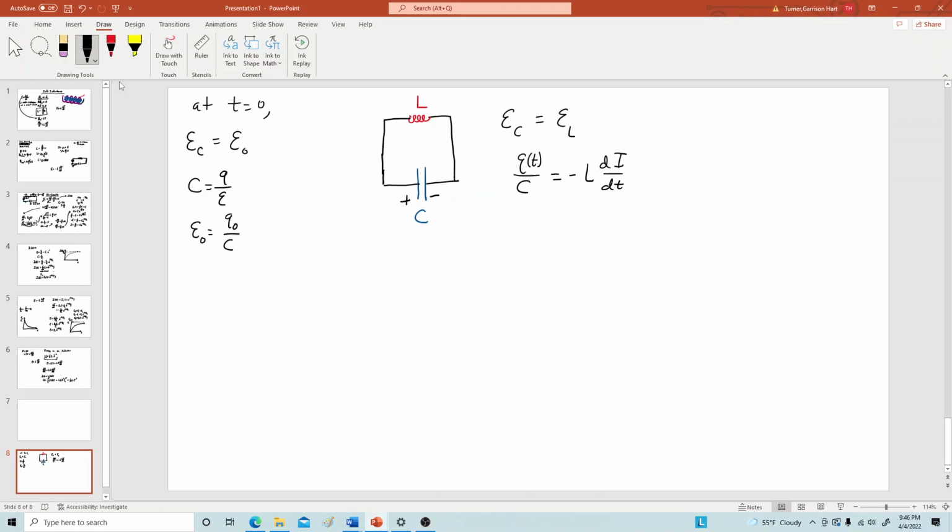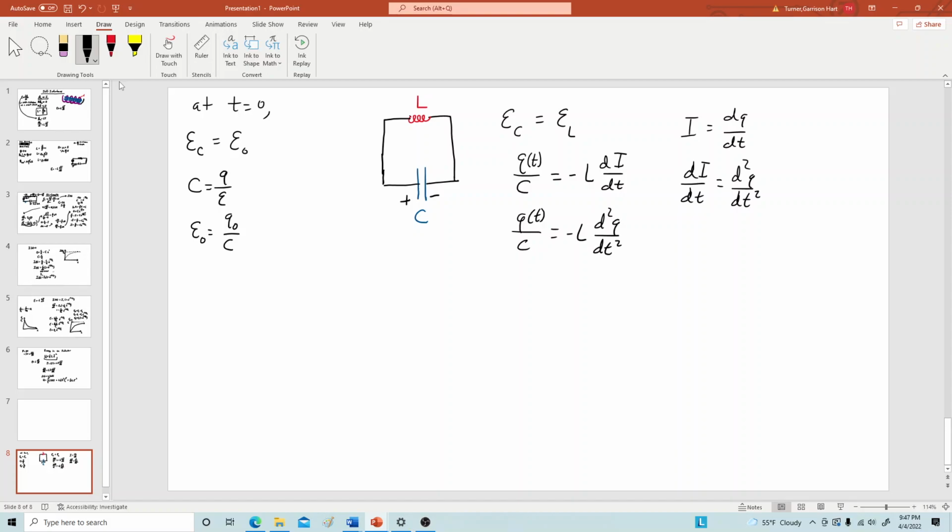But remember that I is equal to dq dt. So di dt is the same thing as d squared q dt squared. So we have Q of t over C is equal to negative L d squared q dt squared.